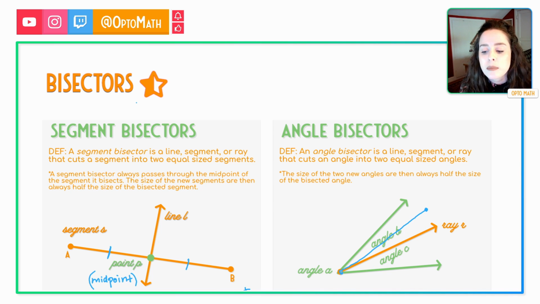So just because it passes through the vertex of the original angle does not mean that it's a bisector. The way you would know it is a bisector is that it makes the two new angles equal to each other or congruent, just two different ways of saying the same thing. And also, each of the new angles created are half of the original angle.